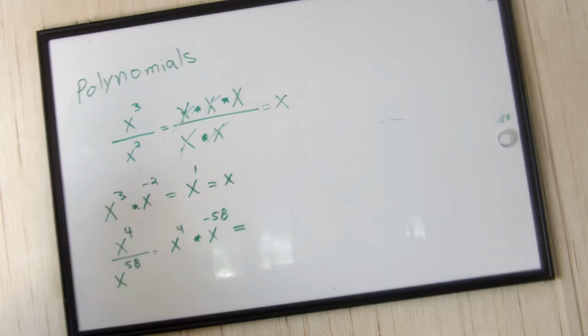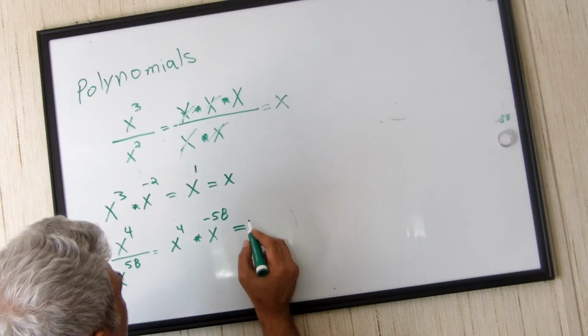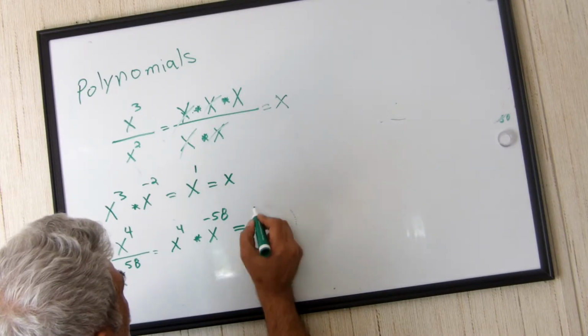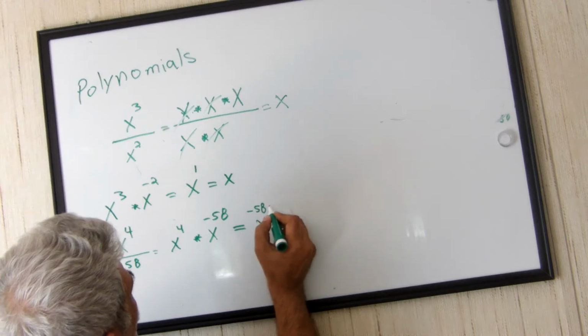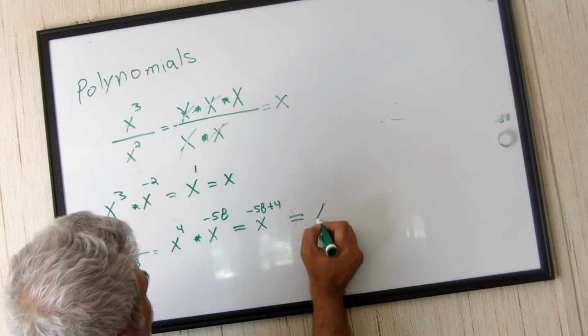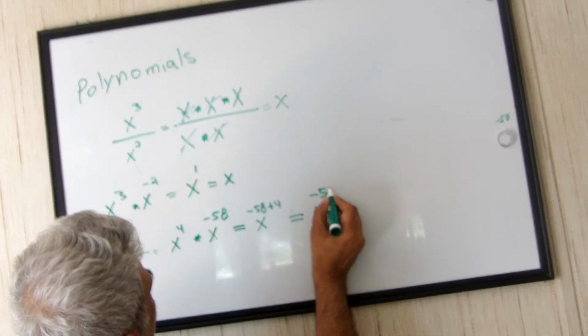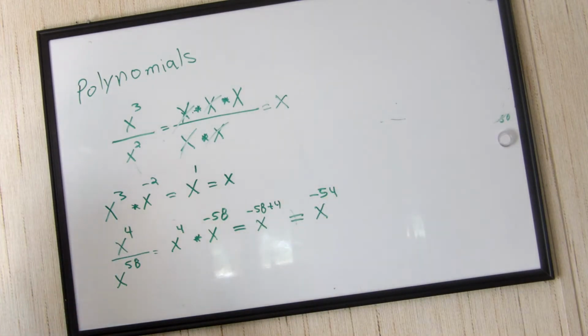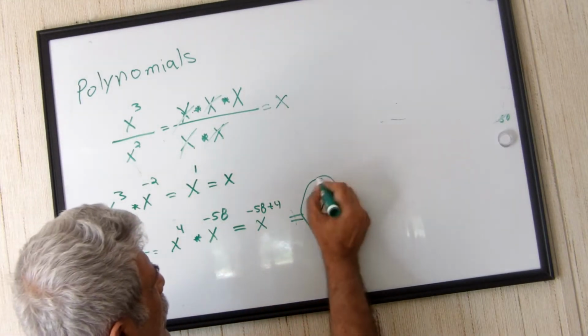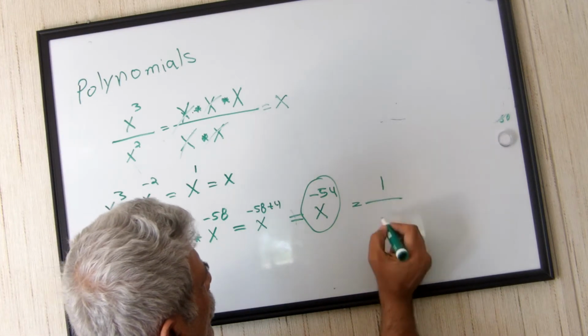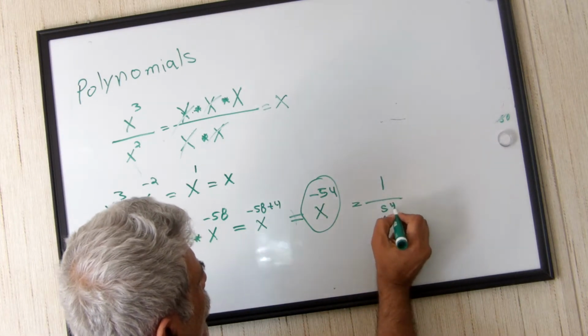So the result is x to the power of minus 58 plus 4, which is x to the power of minus 54. What does this mean? It means 1 over x to the power of 54.